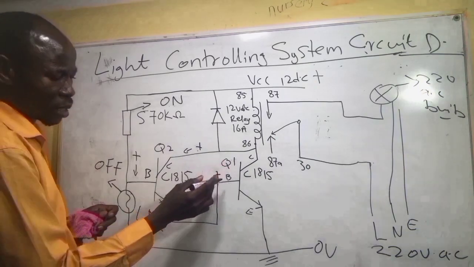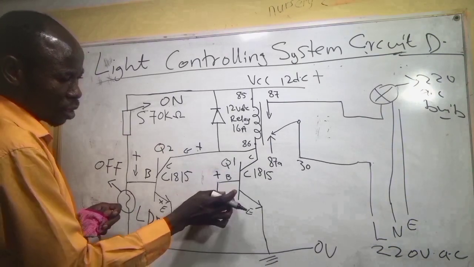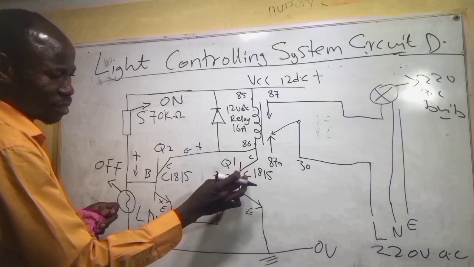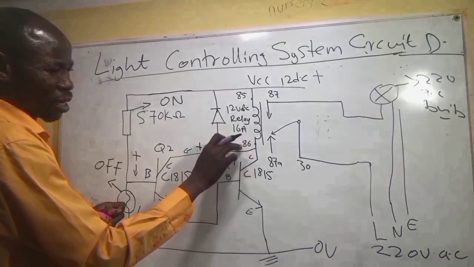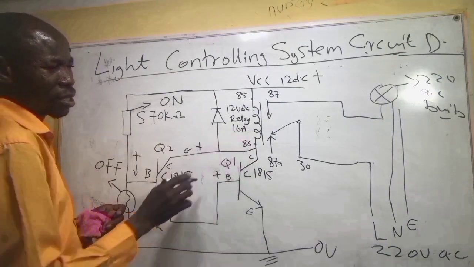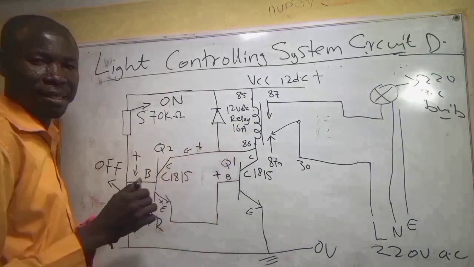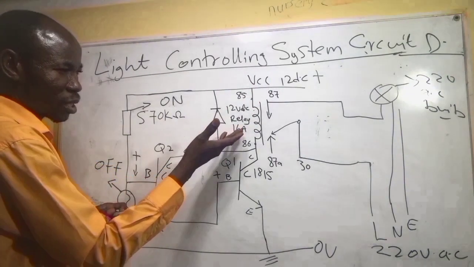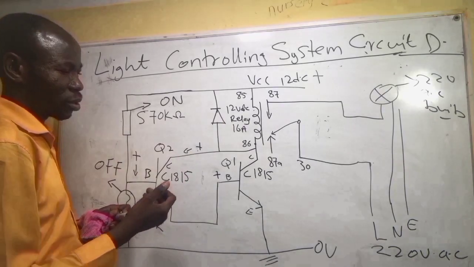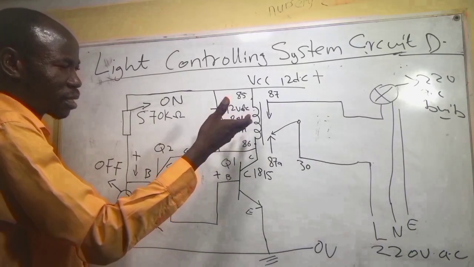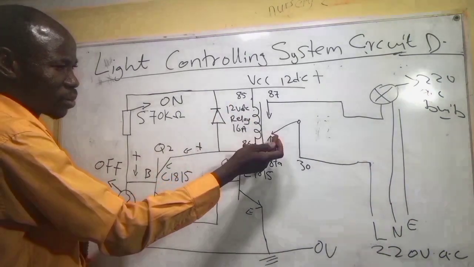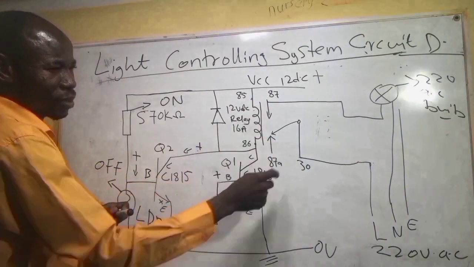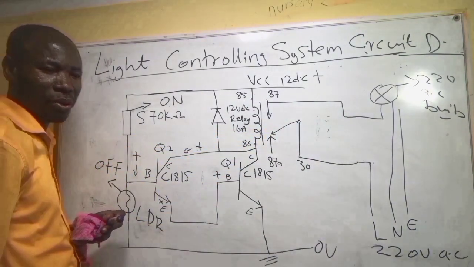So if Q1 receives the positive, it will open the base and release the negative to the collector, and then it connects to the relay pin 86. Meanwhile, 85 is connected to the positive, so the relay will come on. It will generate an electromagnet, and it will attract pin 30 to 87 and cause the load to be on.